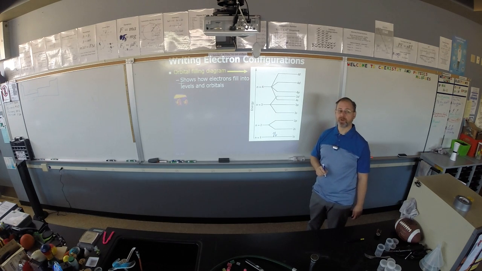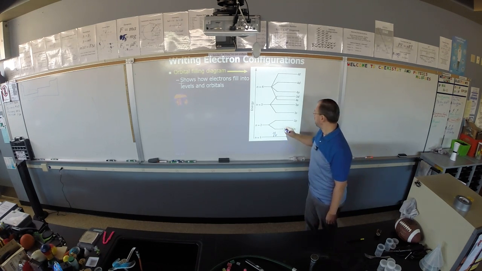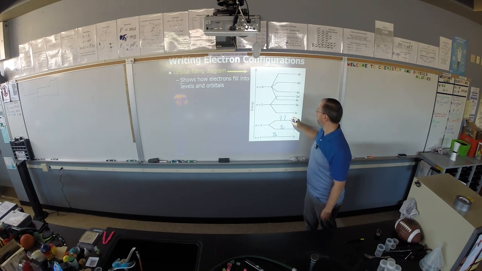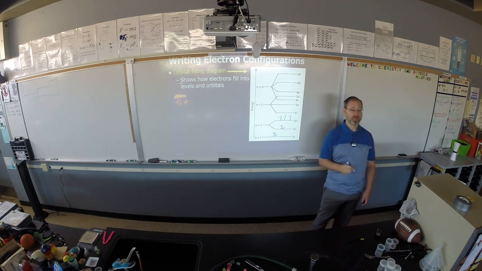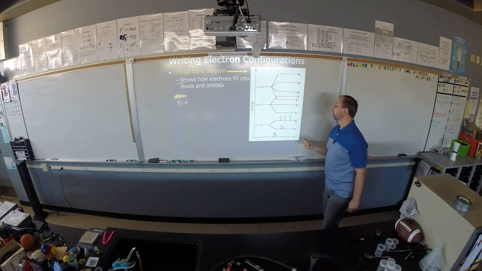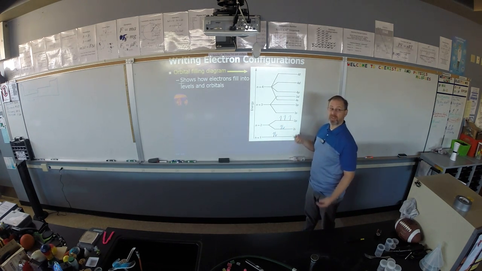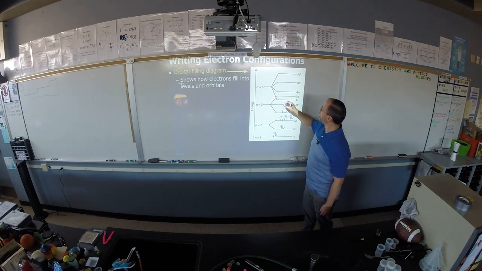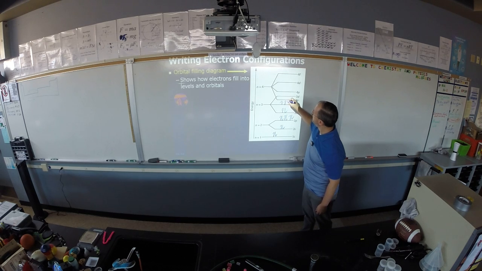2s. What's the first electron going to look like? Up, and then down. 2p, remember Hund's rule. The p electrons, there are 6 of them, 3 orbitals, so we're going to fill up, up, up first, and then down, down, down. 3s, up, down. 3p, up, up, up, down, down, down.